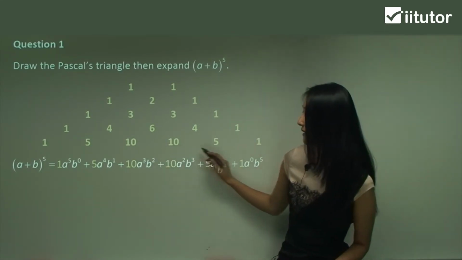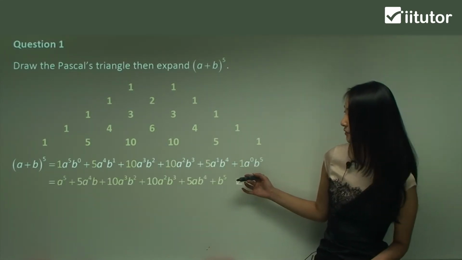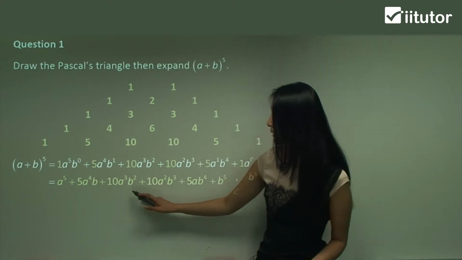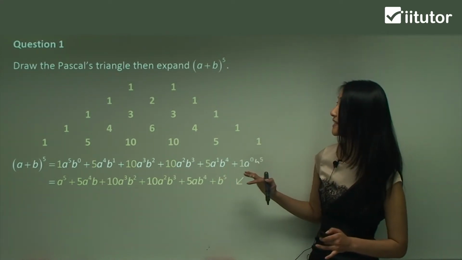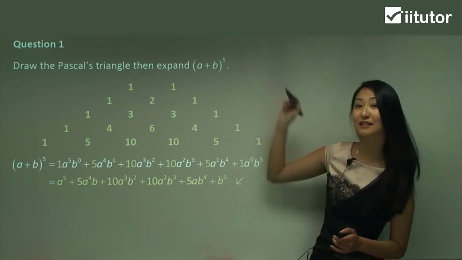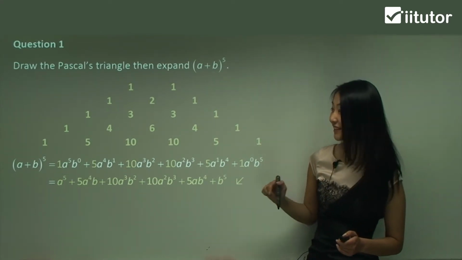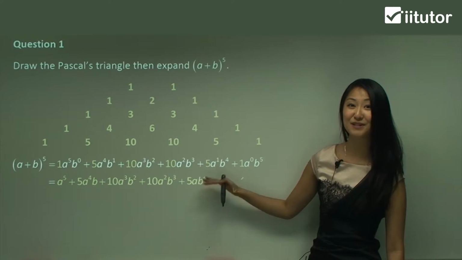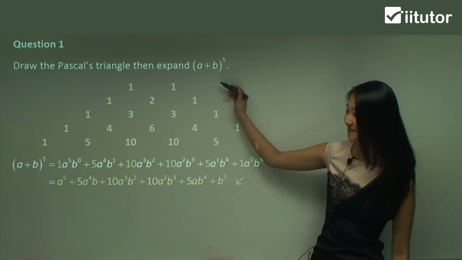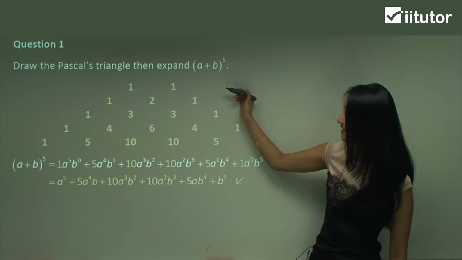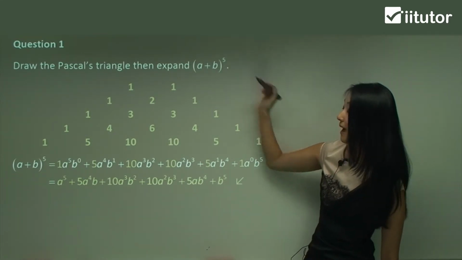And really that itself is already quite simplified. And just rewrite it out, simplified, and leave it as that. And you've just done the expansion for a plus b to the power of 5. Yeah? In really what was only 2 lines, which is much, much easier than trying to expand this any other way. Okay, good. So this was for a plus b to the power of 5.